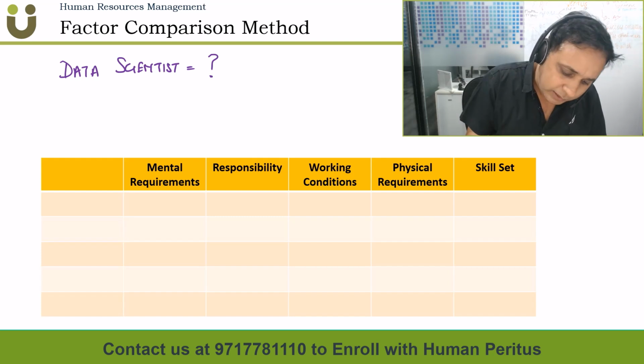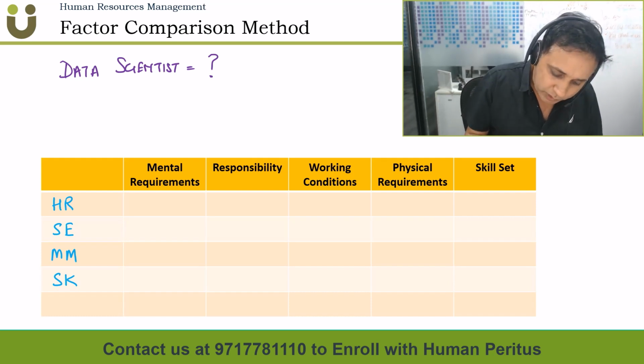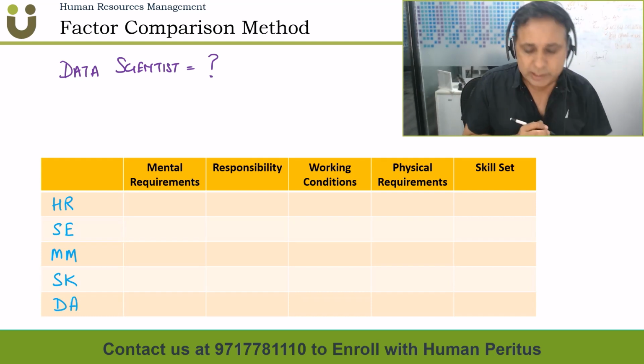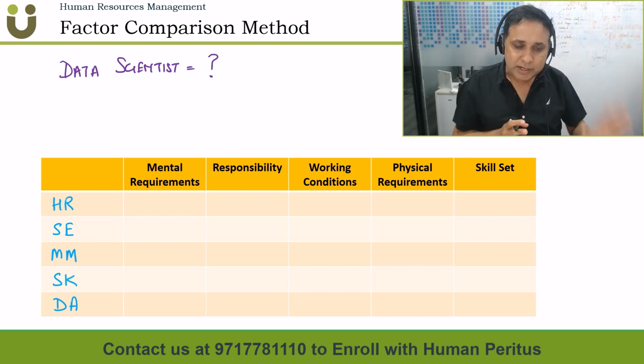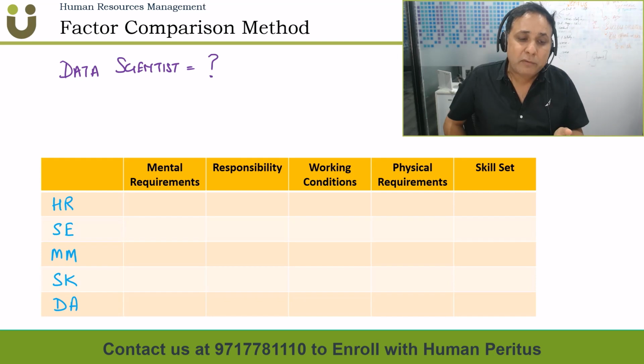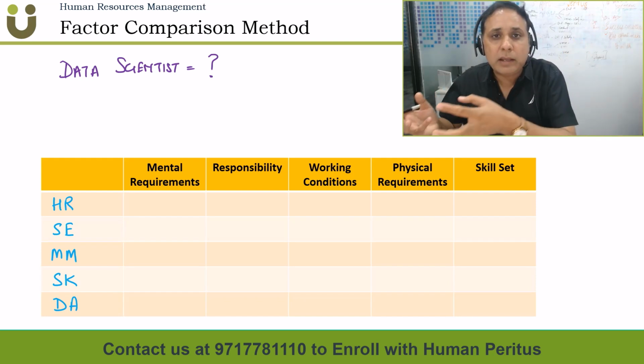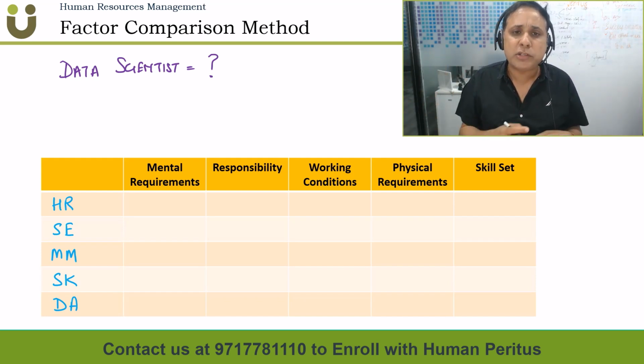So let us take an example of a few jobs. Maybe I take HR manager, I take maybe software engineer, maybe a marketing manager, storekeeper, and let me take one more, maybe a data analyst. So I have taken 5 standard jobs. Now I'll find the worth of these 5 jobs in monetary terms from my existing system, because I already have them.